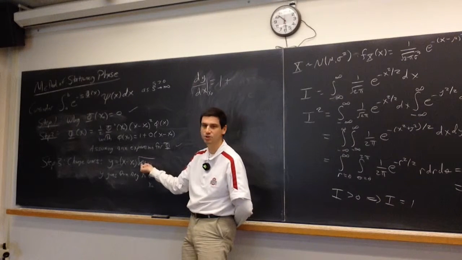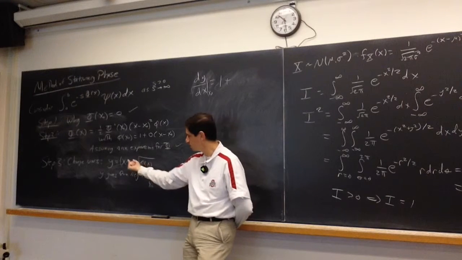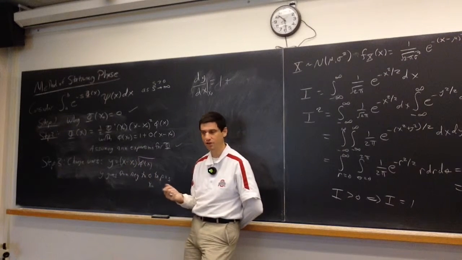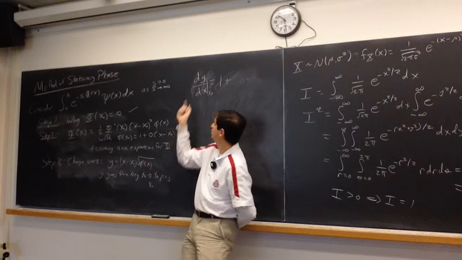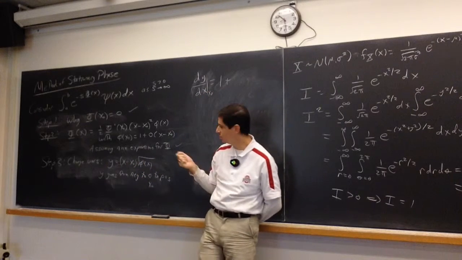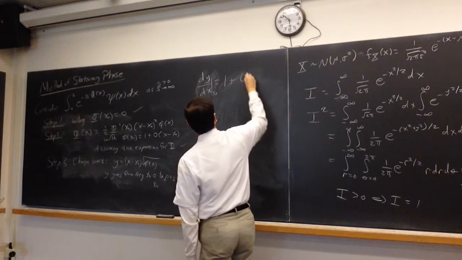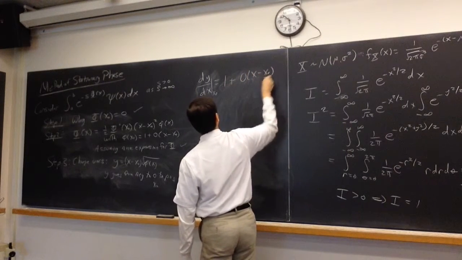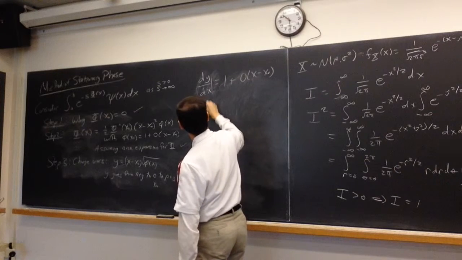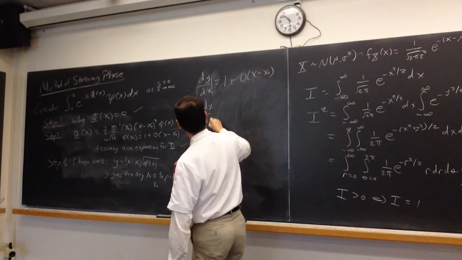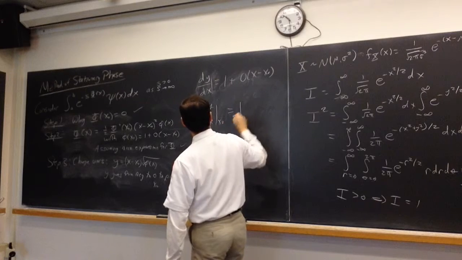Well, since phi of x is close to 1, in the denominator it's going to be fine. And then when we put x equals x naught, this piece will kill it. So the derivative is going to be of size 1 plus big O of x minus x naught. And then if I actually evaluate it at x naught, I would get 1.